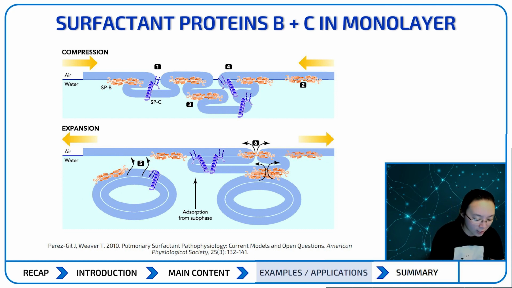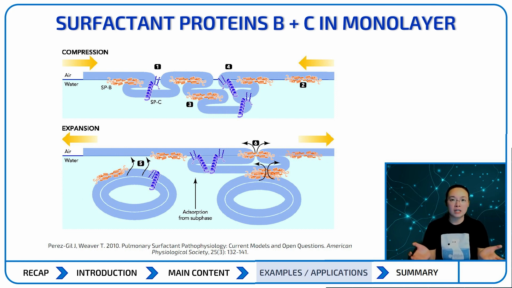So when it's contracting, or when you're breathing out or exhaling, your alveoli are going to shrink, which means your layer of lipids is just going to start overlapping over one another, and these surfactant proteins help stabilize it. So surfactant protein C usually helps stabilize the multi-layer formation, which is what this is called, whereas your surfactant protein B helps with the lateral spreading of your monolayer.